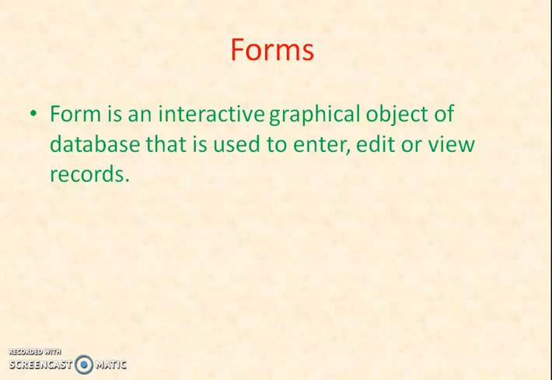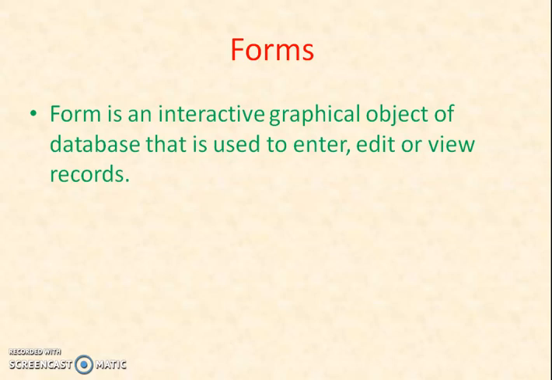Next one, forms. A form is an interactive graphical object of a database that is used to enter, edit or view records. You all know what an application form is. You also know what a Google form is, because in our school a Google form is sent to each and every student to get feedback.